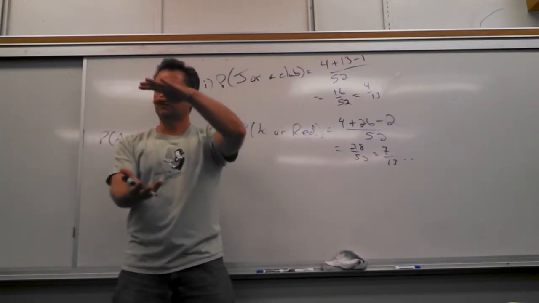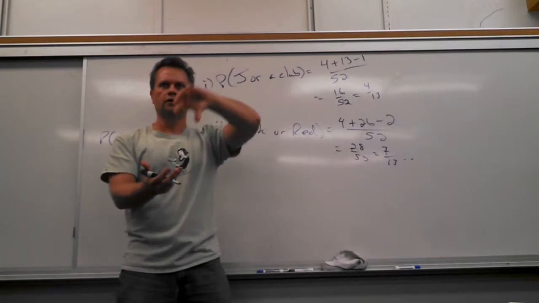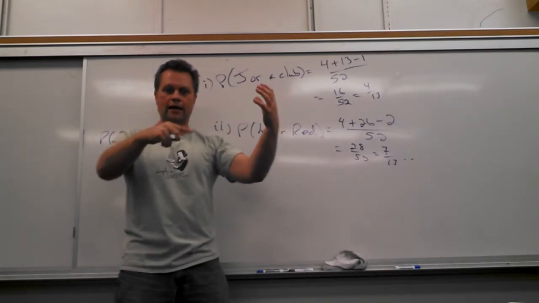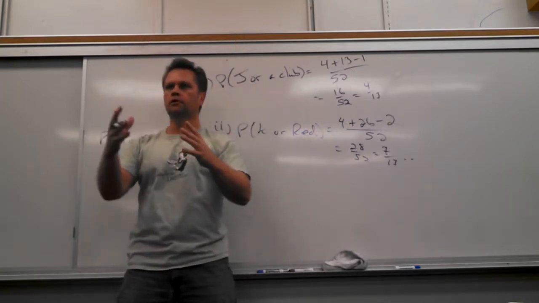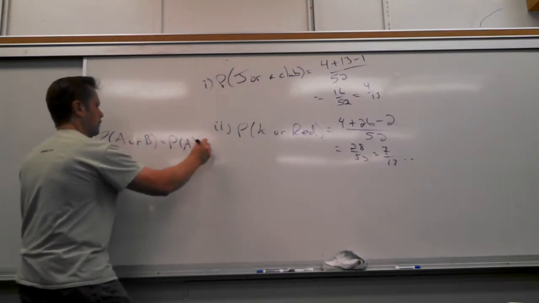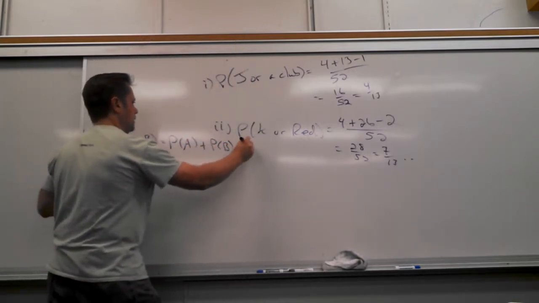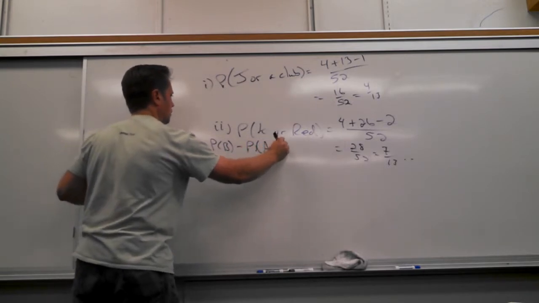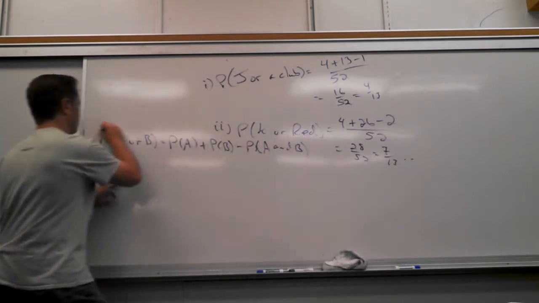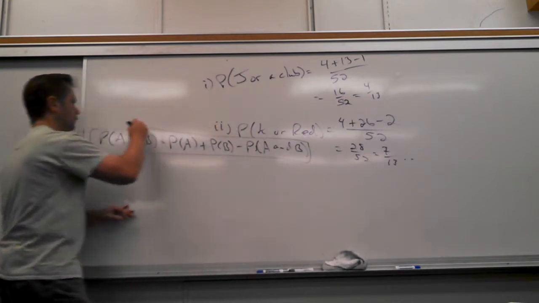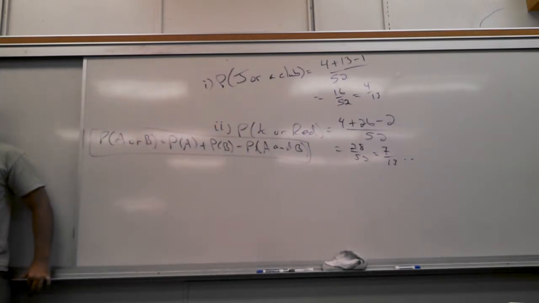I know I taught you about the big scholarship book they used to go look at. So it's the probability of A plus the probability of B minus the probability of A and B. There's the official "or" formula.